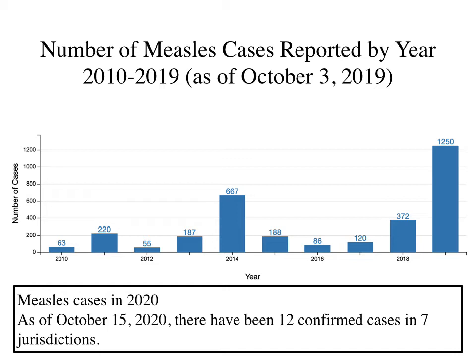Measles was eliminated in the United States in 2000. High national coverage with measles, mumps, and rubella vaccine and rapid implementation of measles control measures prevent widespread measles transmission.